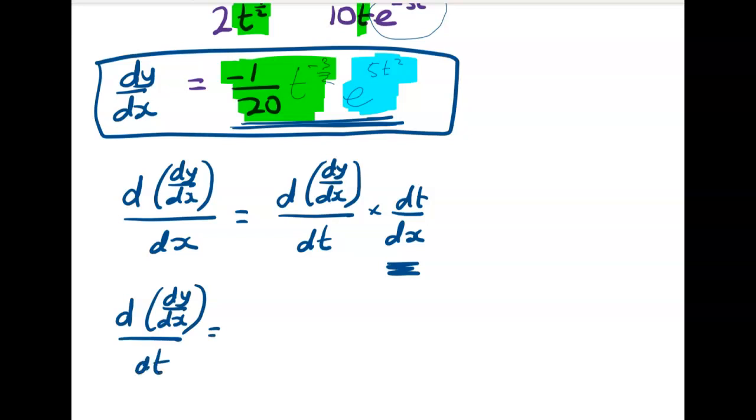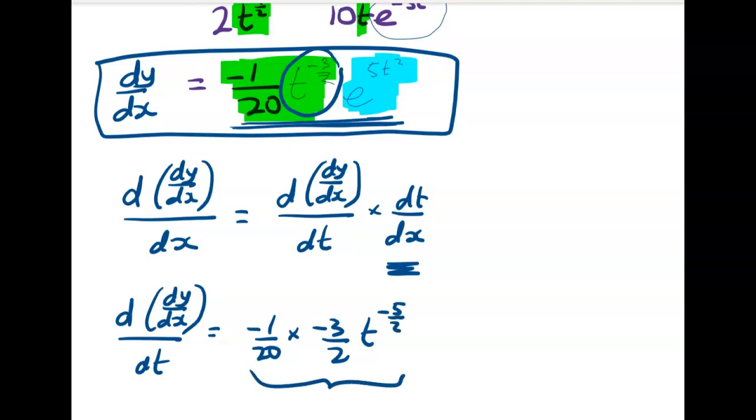Okay, so by the product rule, we're going to have negative 1/20 times negative 3/2 t to the negative 5/2. So that's the derivative of the first bit. So that's u dash times v, e to the 5t squared. And now the other way around, right?